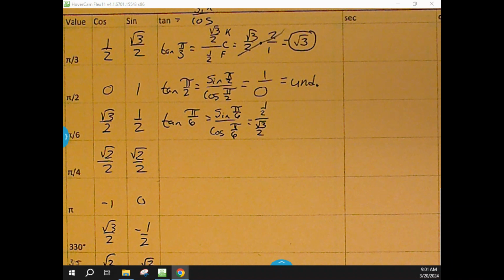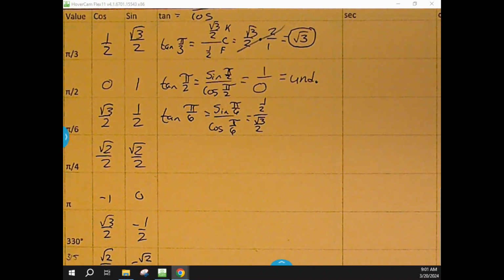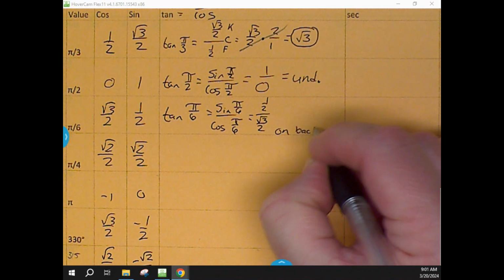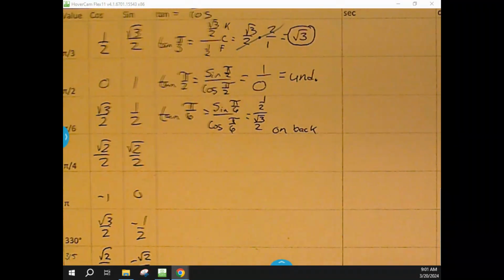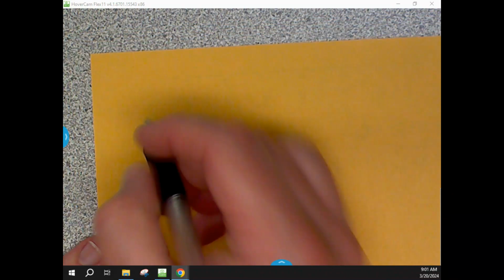And for this one, there's not enough room to do this one. So we're actually going to go on the back of this thing and show you what's going on here. So we're going to just flip this thing over the back, and we're going to work it back here. Now, how you work this one, I don't really care if you work it out where the paper's long ways or sideways. I don't care. We're just going to work this thing out. So this is where we're going to come back to that problem of 1/2 over square root of 3 over 2.